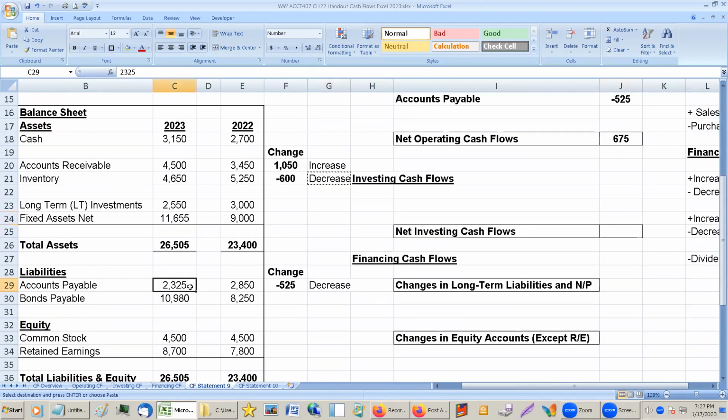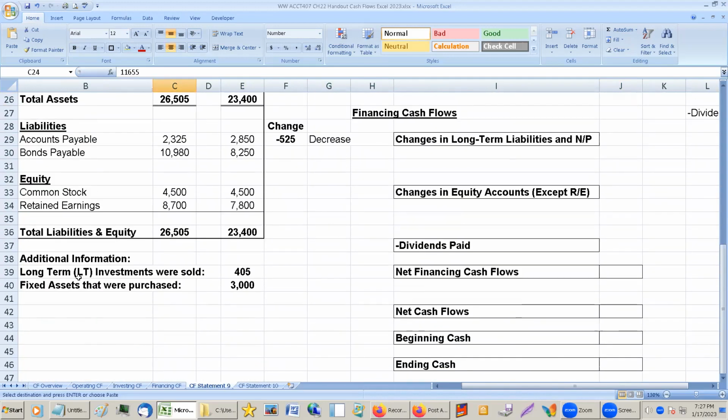Okay, investing cash flow. Now this is a little bit tricky. We're going to go down to this additional information down here. Long-term investments were sold for 405 and fixed assets were purchased for 3,000. Okay, so we're going to take both of those.